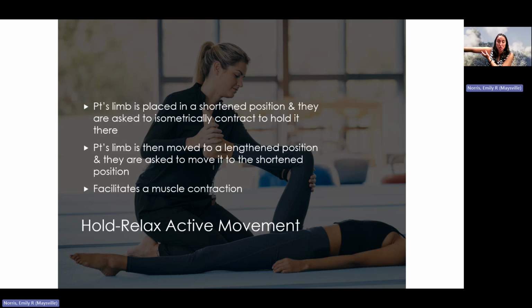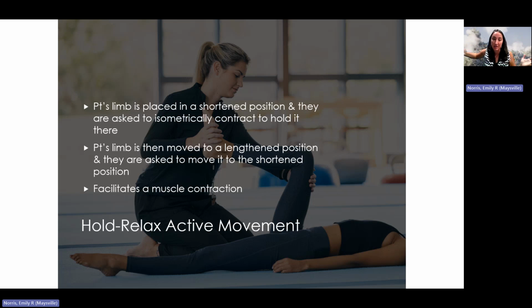It's trying to contract a muscle that they have weakness in. So you move it to a shortened position where they have a contraction of that muscle, and then you say hold and you let go of it, and they try and hold it in that position. And then you say relax, you move it to a lengthened position and say pull back to that position.